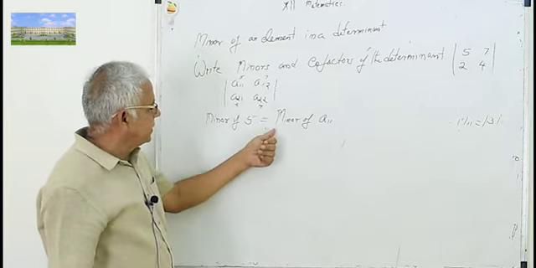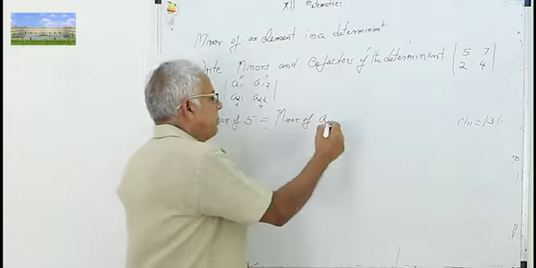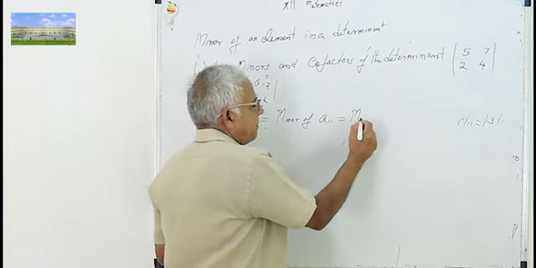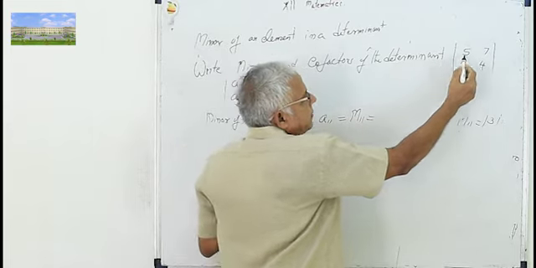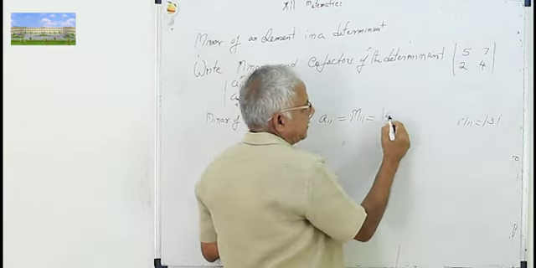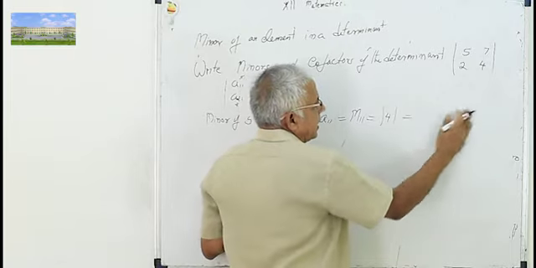Minor of 5 is equal to minor of A11, that is M11, deleting the row and column containing 5. So we get a determinant, M11 is equal to 4.